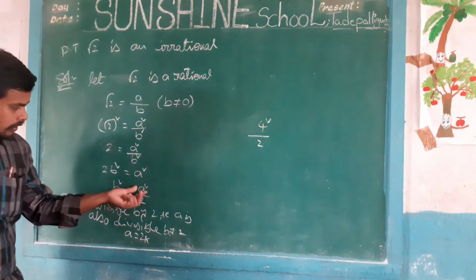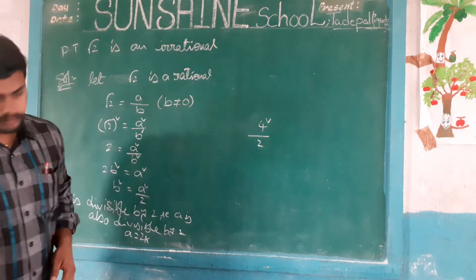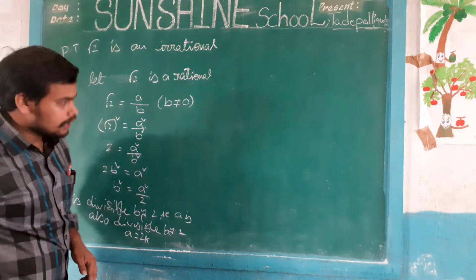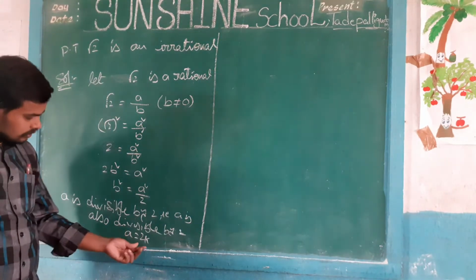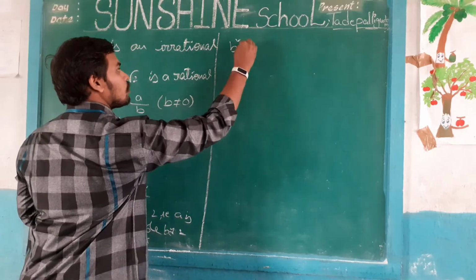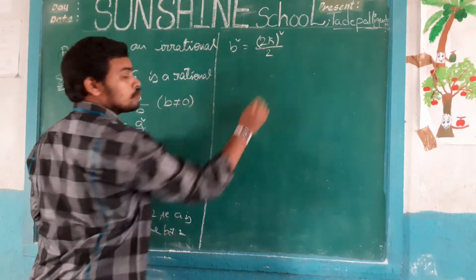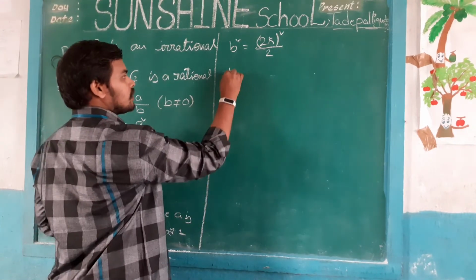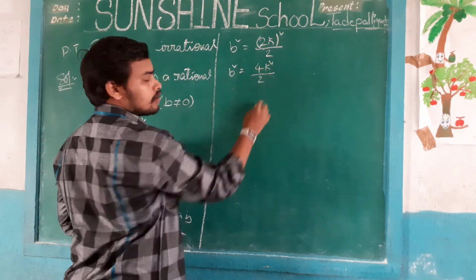So hence replace a equal to 2k. Place the a value equal to 2k in this equation: b square equal to 2k whole square by 2. So b square equal to 4k square by 2.